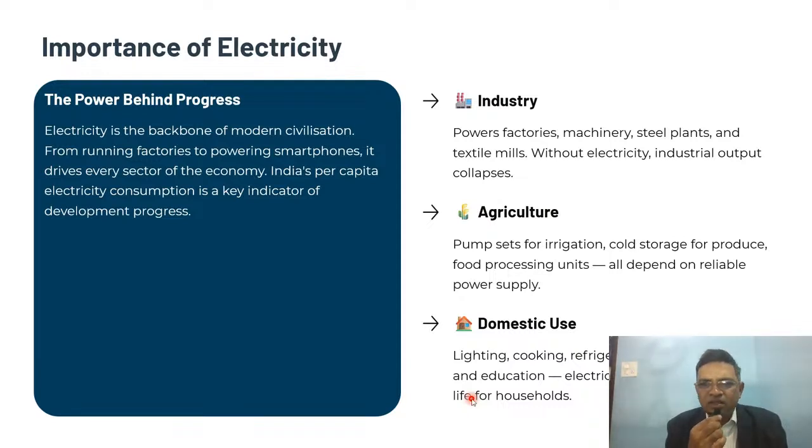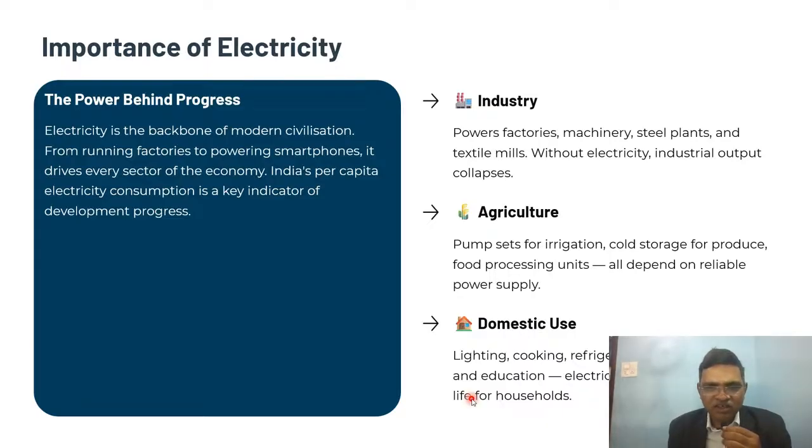Then we'll check why we need electricity: for industries, for agriculture, for domestic use. Industries like factories, machinery, steel plants, textile mills. Without electricity, industries will collapse.